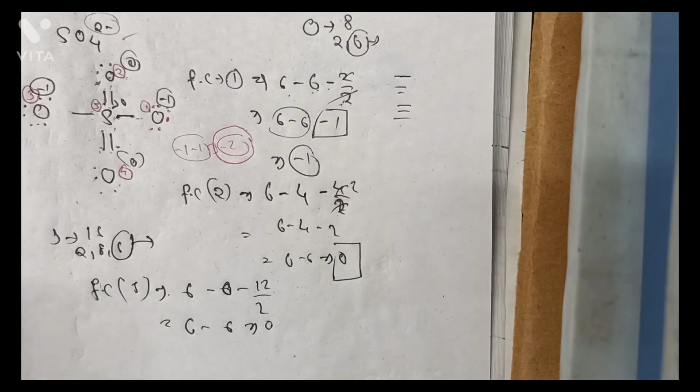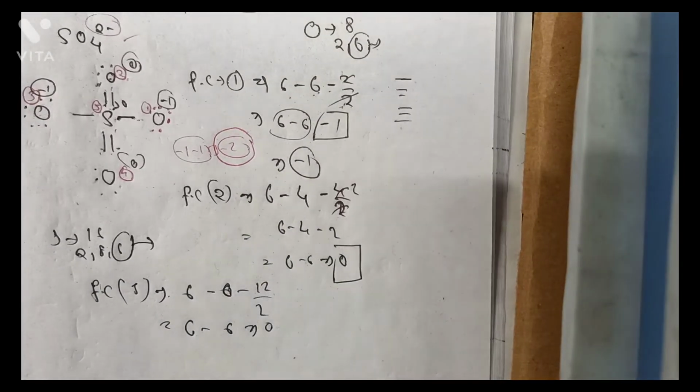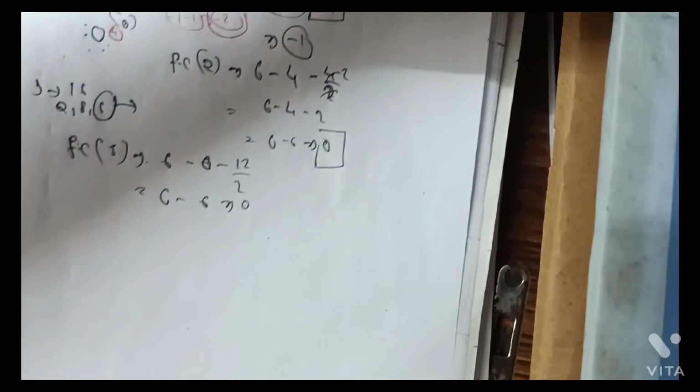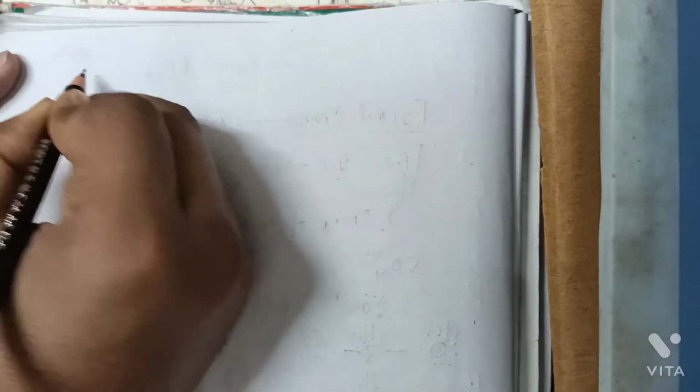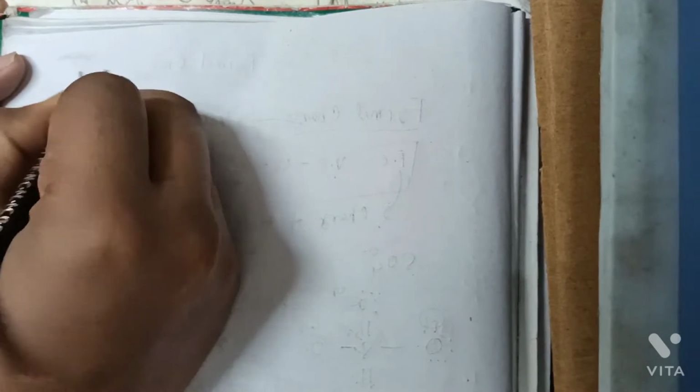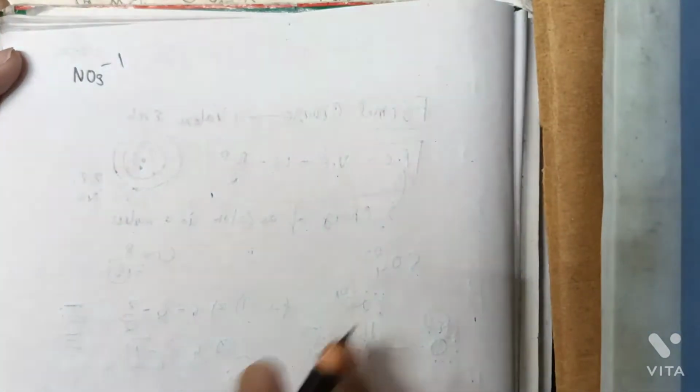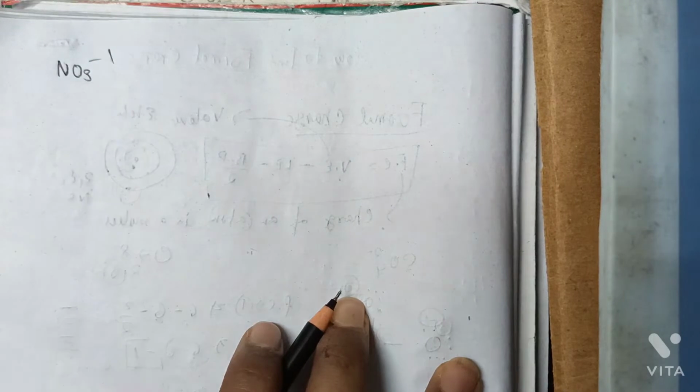Okay, so let's practice one more ion, that is NO3 minus, nitrate ion, minus 1. We're going to see how this minus 1 comes on this nitrate ion.